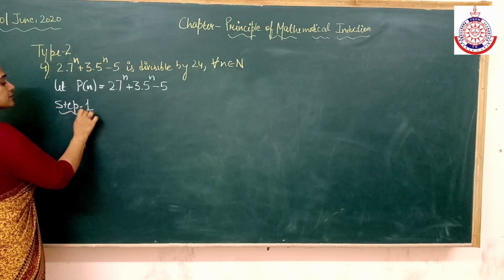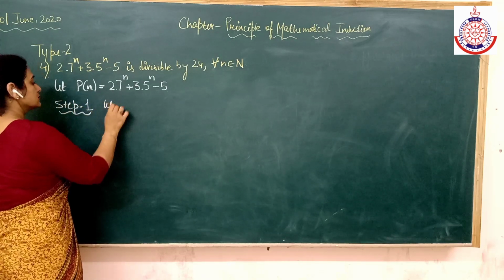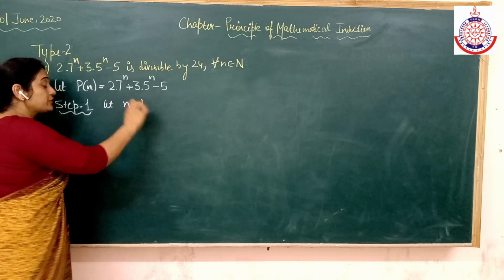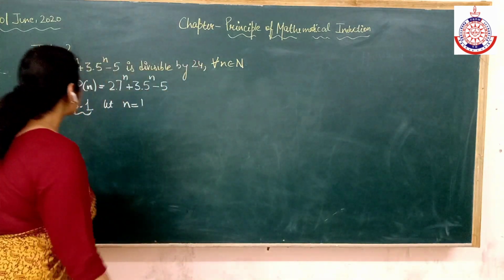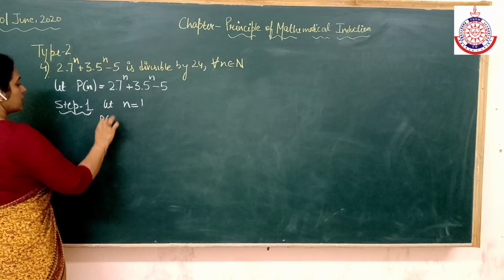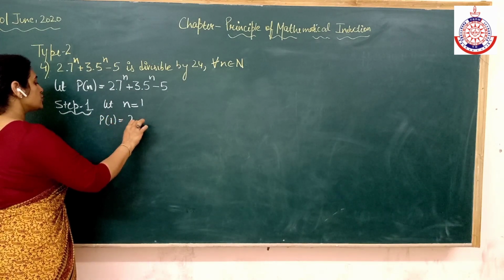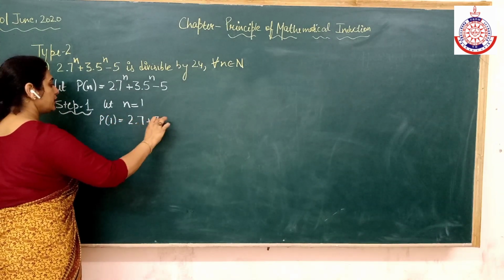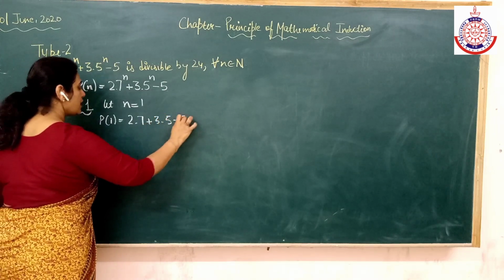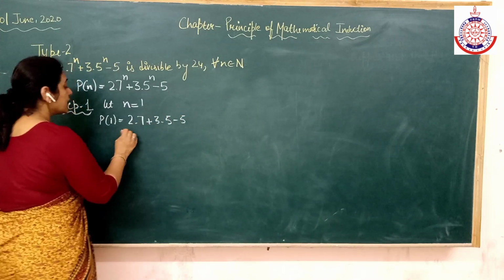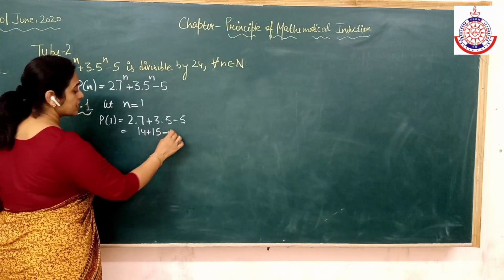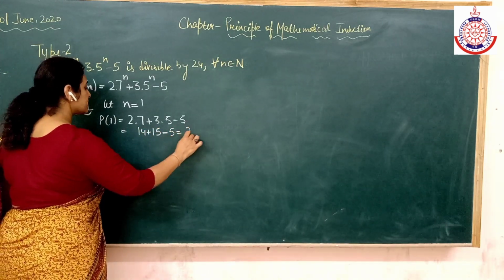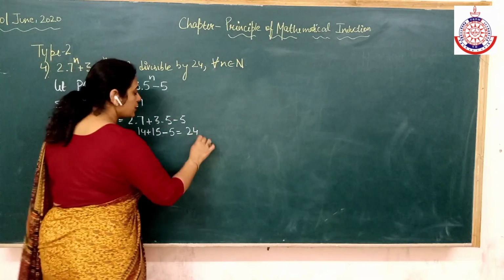Step 1 is I have to prove the statement is true for n equal to 1. Okay? So let's put n equal to 1. 2 into 7 plus 3 into 5 minus 5. What are we getting? 14 plus 15, that is 29, minus 5, that is 24.